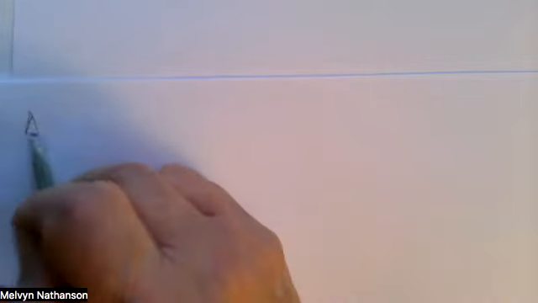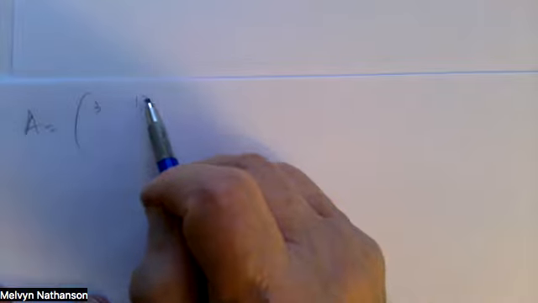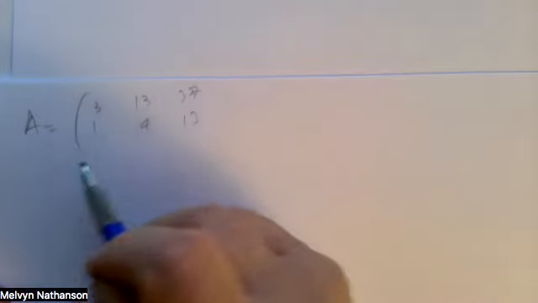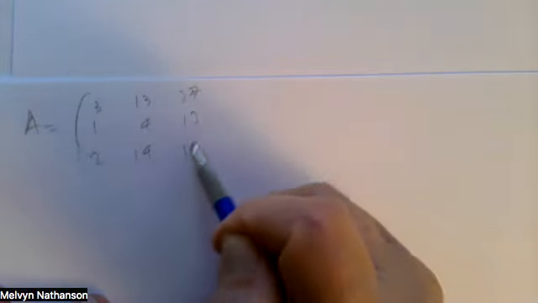So here's an example. Let me start with a matrix that's in the notes. It's a 3 by 3 matrix: 3, 13, 37, 1, 4, 13, 2, 14, 14.